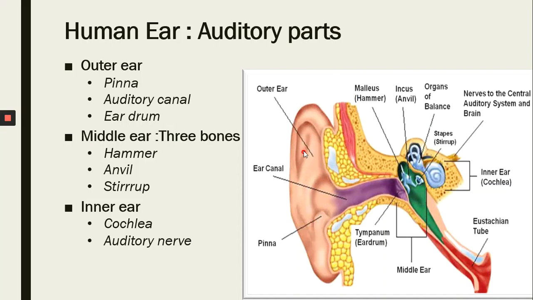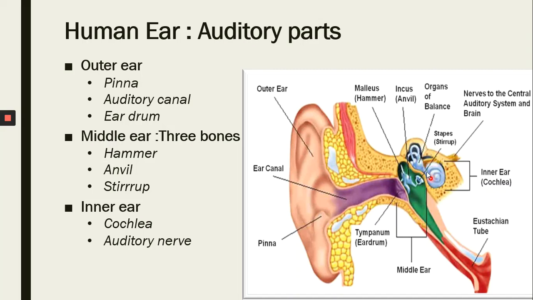This outer part, which is visible from the outside, is called the pinna, and this canal-like structure is called the ear canal, and here is the eardrum. Then, in green, there are the three bones, which form the middle ear.